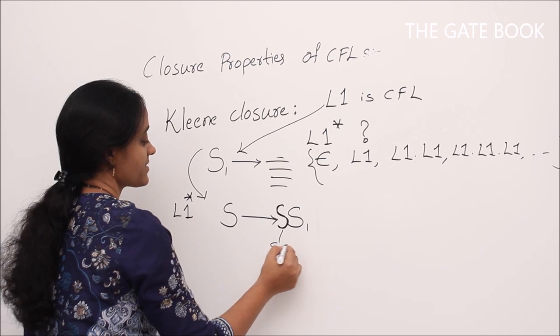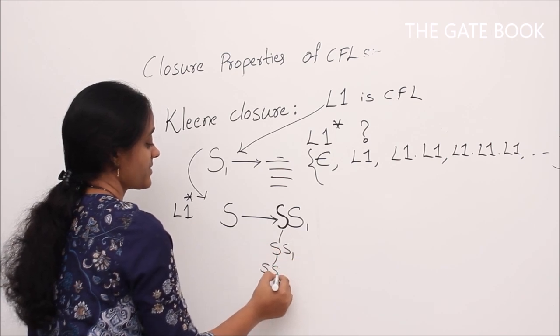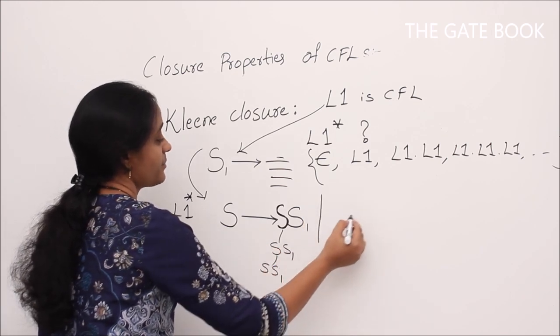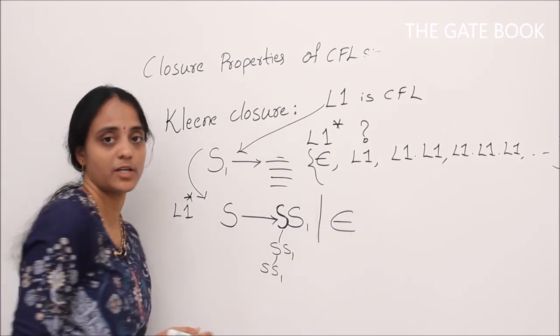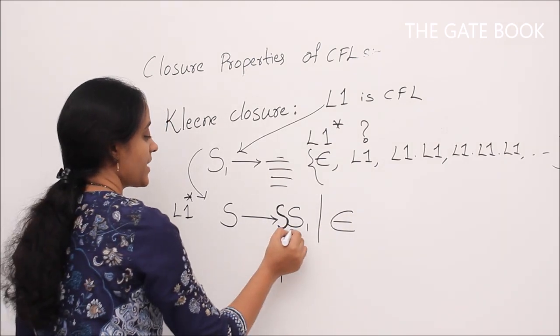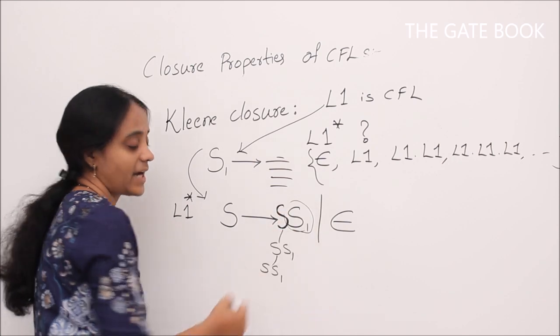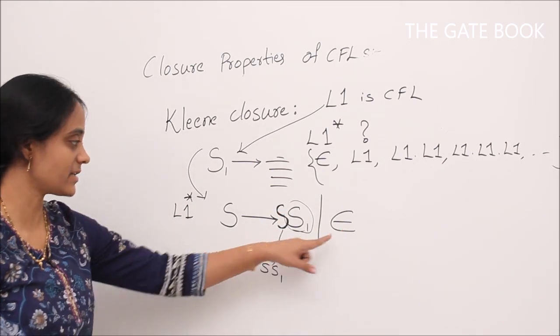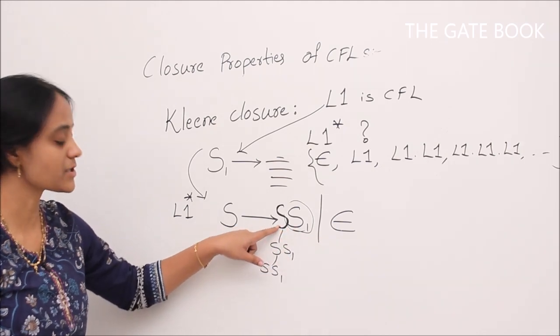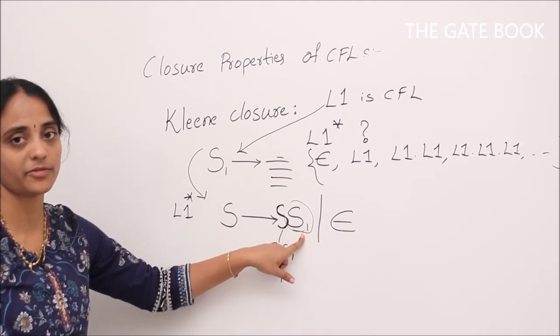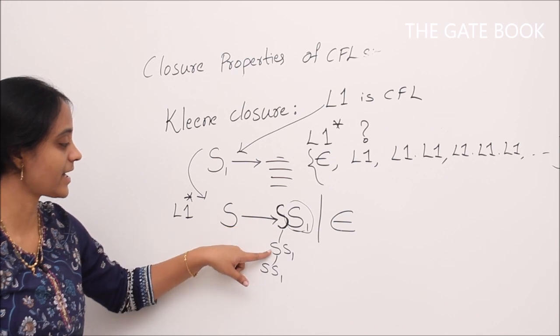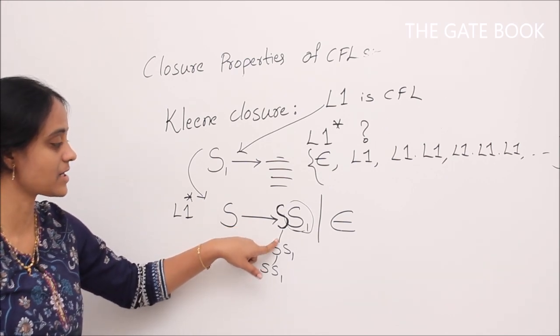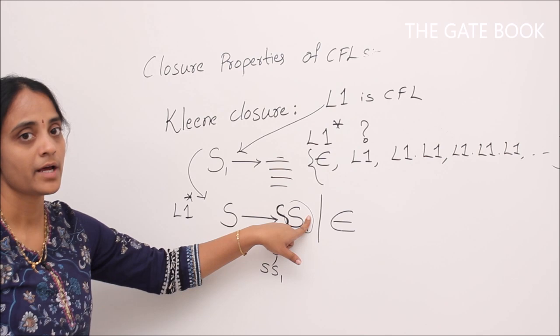Again S can be replaced with SS1, again S can be replaced with SS1, but the final replacement of S should be epsilon. That means I can repeat S1 any number of times, including zero times. So this covers epsilon, and if I substitute epsilon here, one instance of S1. If again I derive SS1 and then substitute epsilon, two instances of S1.